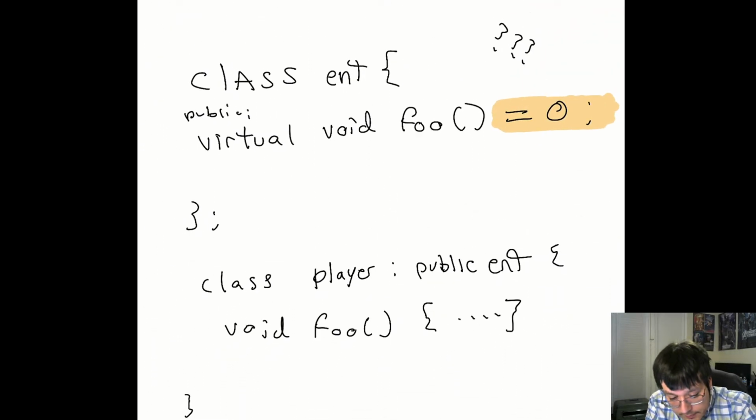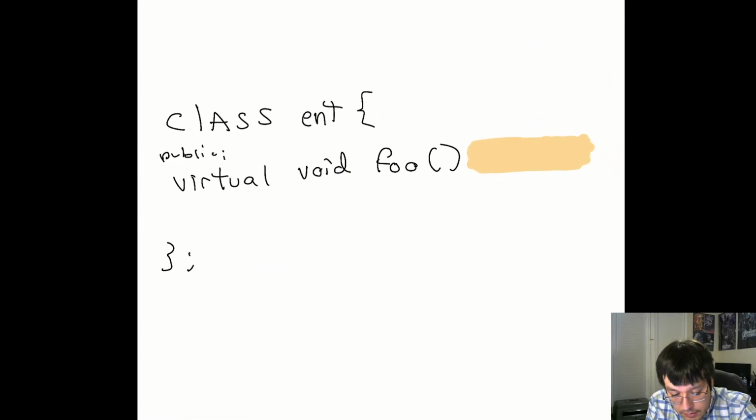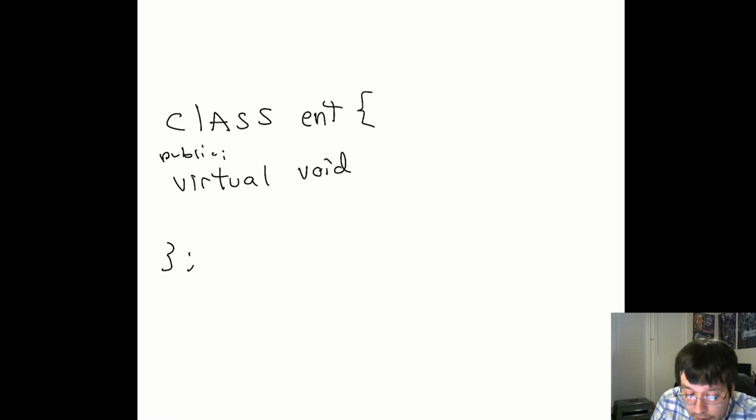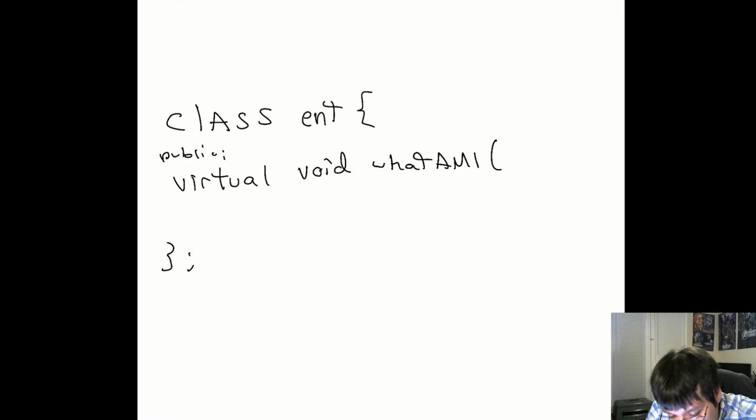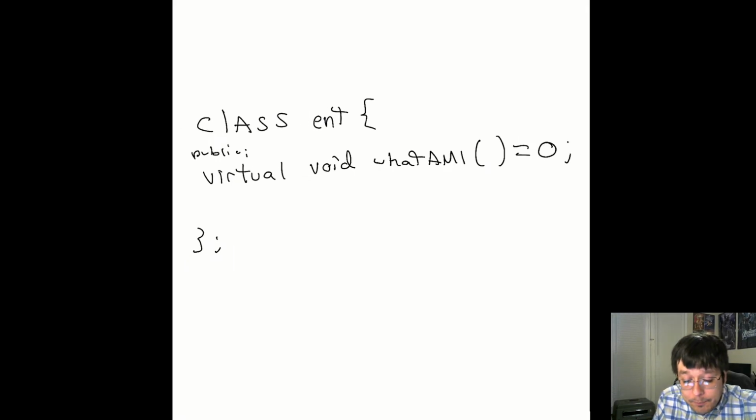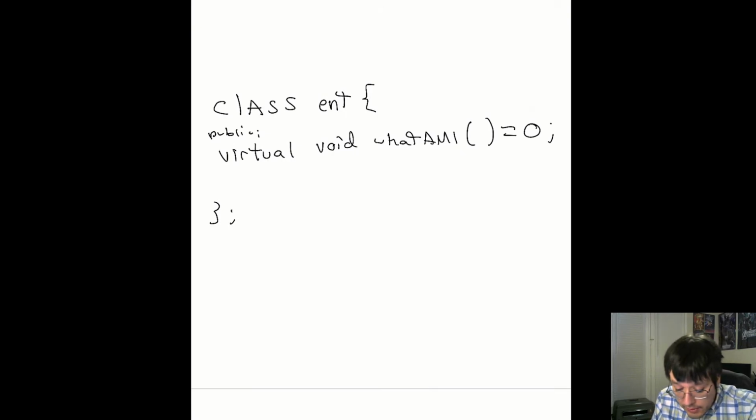Finally, for identifying the types, here is a good piece of advice for you. So let's take this class that we already made and just bring it down here and slightly modify it. So instead of calling it foo, I am going to go ahead and call this whatAmI. Okay, so now we have an interface, which is entity, and we know we can't actually make objects of this interface.